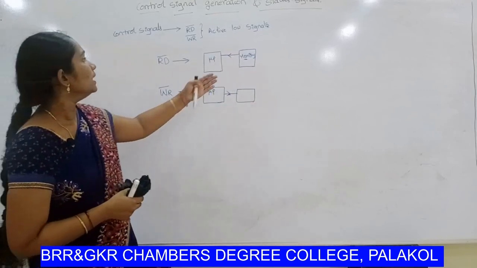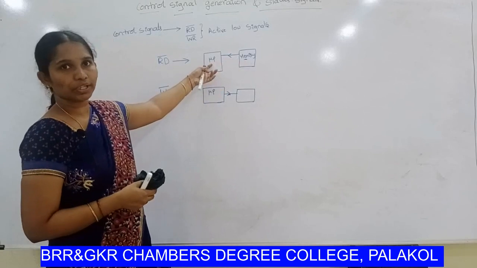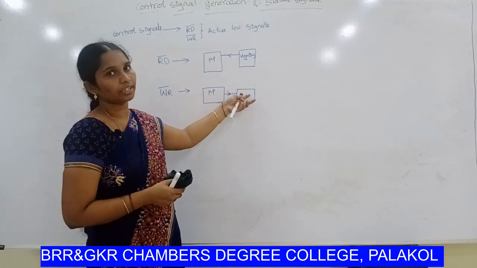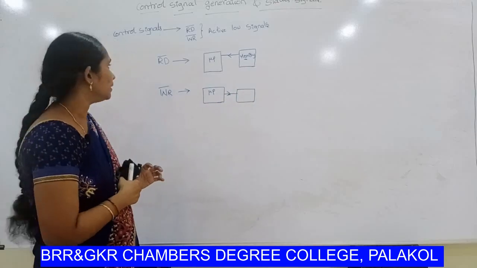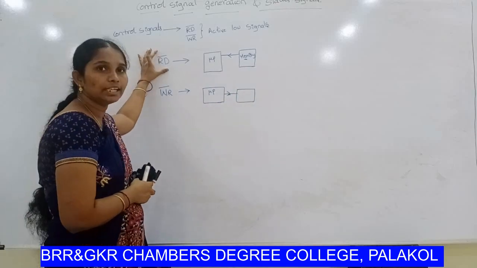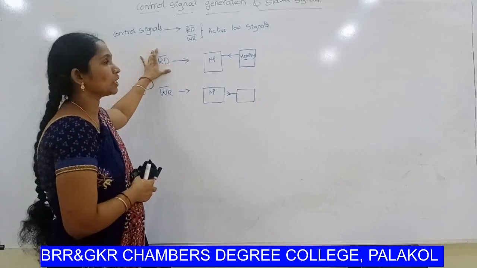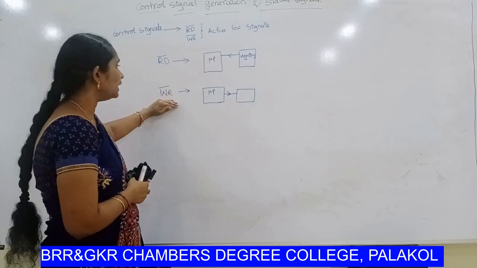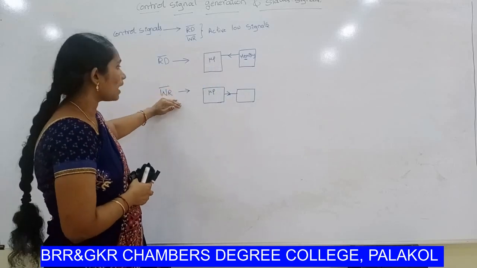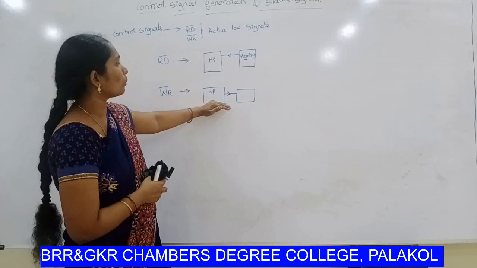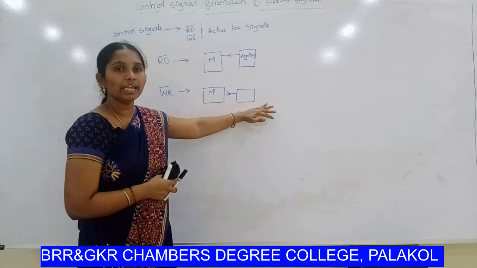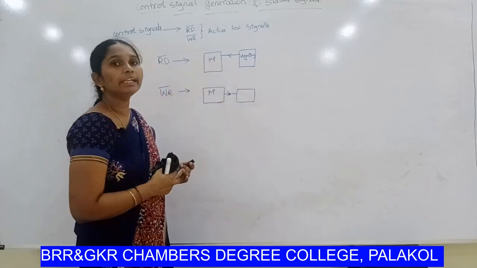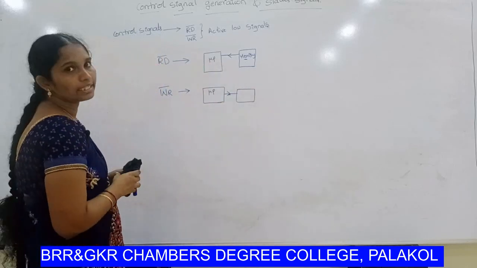So the read operation will fetch the instructions from memory to the microprocessor. The write operation will write the data from the microprocessor to memory or any other peripheral devices. So these are the read and write signals.